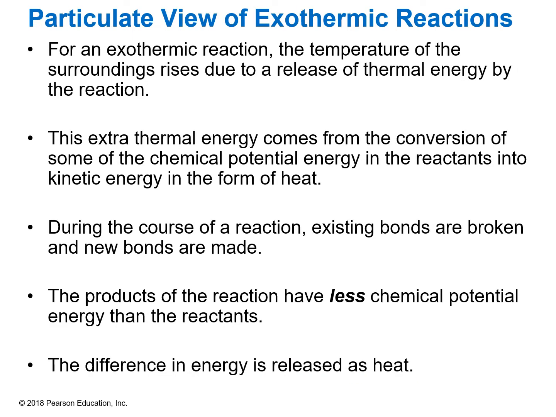So what's happening at the molecular level when we're involved in exothermic reactions? Well, for an exothermic reaction, the temperature of the surroundings will rise, and that's due to the release of thermal energy by the reactants as they go into the product formation. Now, this extra thermal energy comes as a result of the chemical components rearranging.